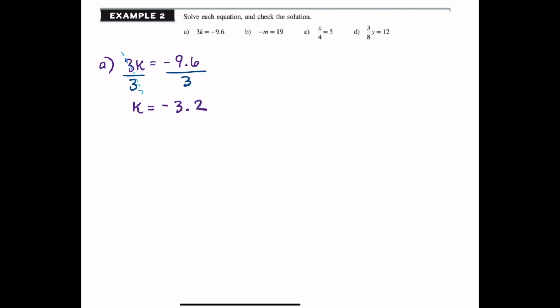We could also do some long division. We have a negative divided by a positive, so the result will be negative. 3 goes into 9 3 times. Move up the decimal. 3 goes into 6 2 times, negative 3.2.